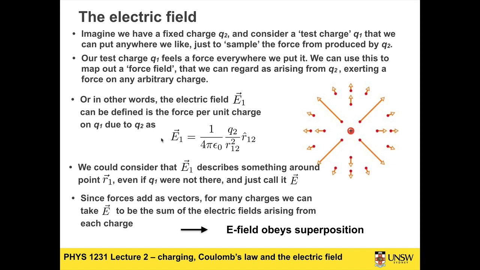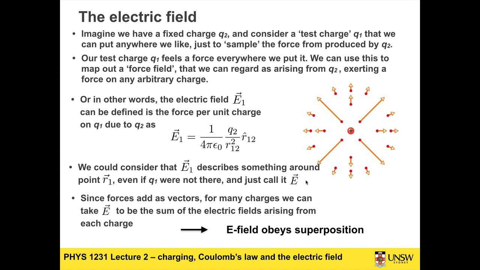If you remember how we did that, you can consider in some ways that this electric field E sub 1 describes something around this point R1, where Q1 is located, even if Q1 were not there, and we just call that the electric field.